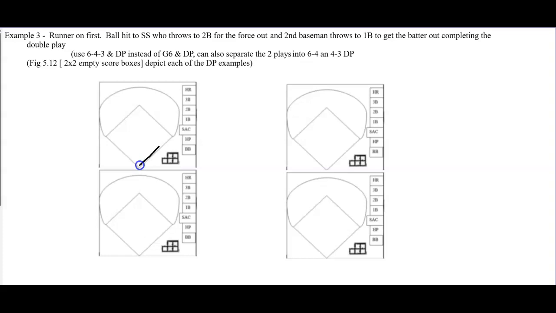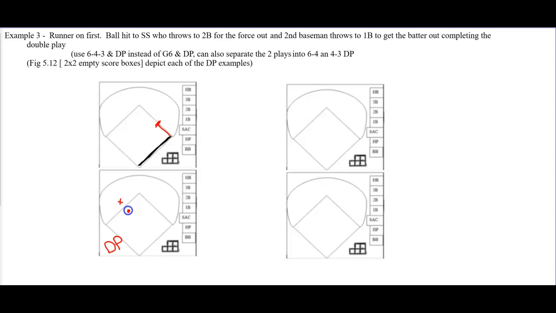So one way to do it is we'll start with a runner on first, and the next batter hits a ground ball to the shortstop, and the runner on first will be forced out at second, and the batter will be thrown out at first for a double play. So there's our DP.